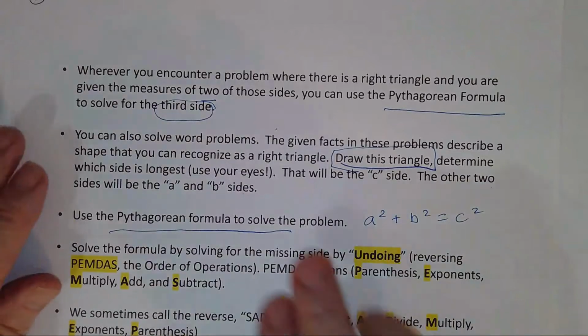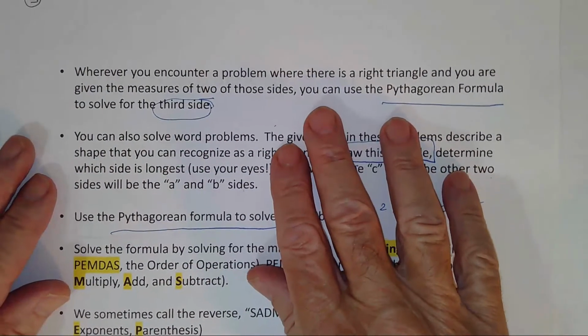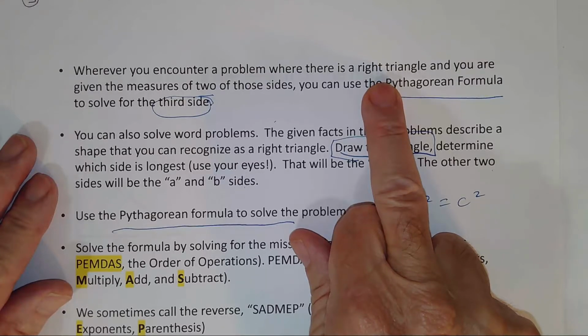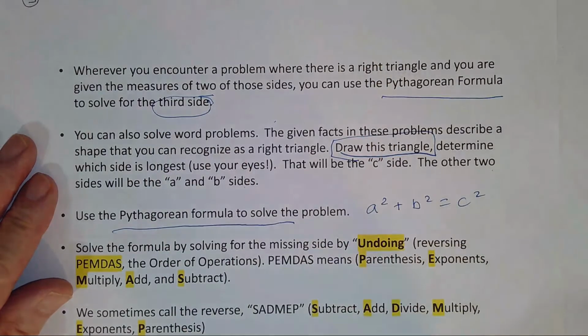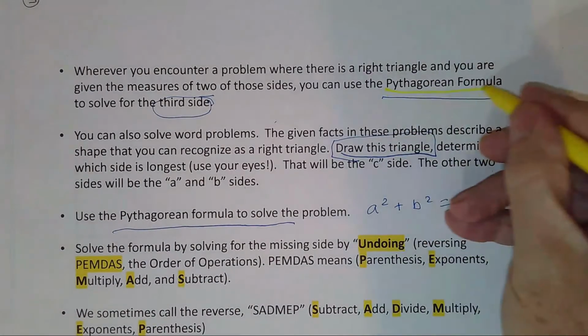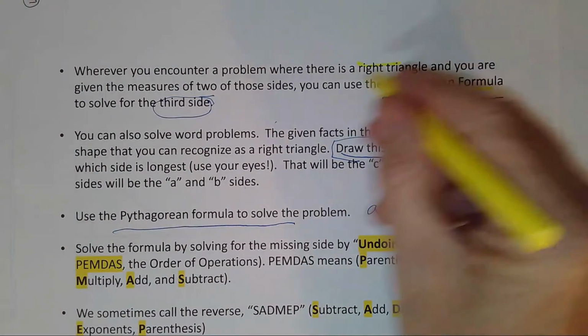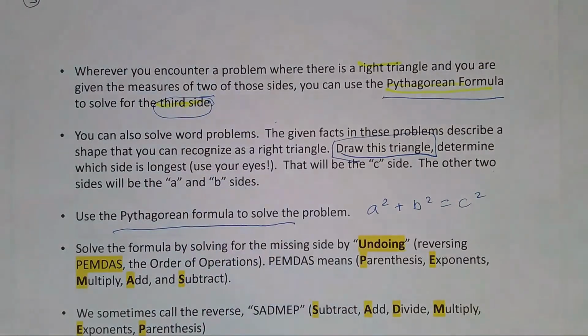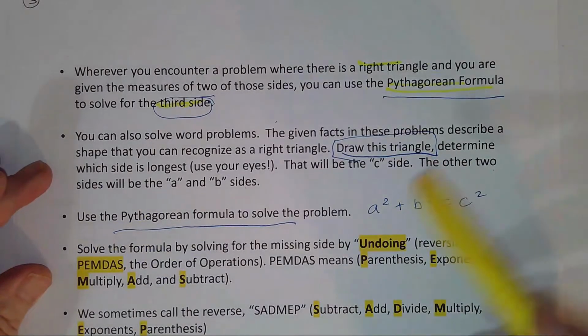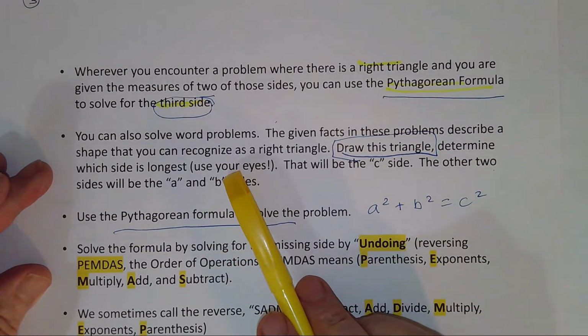Wherever you encounter a problem where there is a right triangle, and you're given the measures of two of the sides, you can use the Pythagorean formula to solve for the third side. That's the basic thing that we're doing here, and that's what I was saying before about all the mathematical legalese in the previous page. You can also solve word problems.